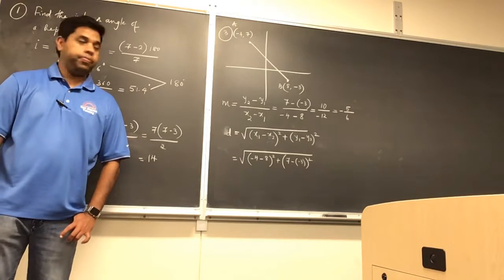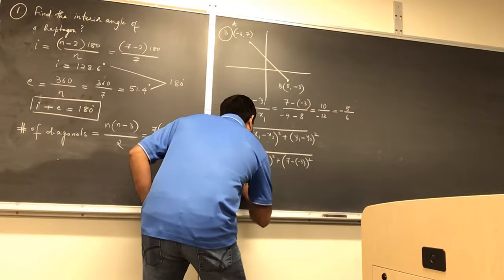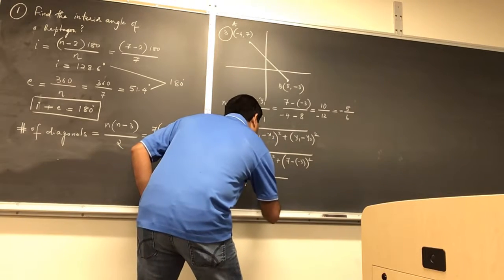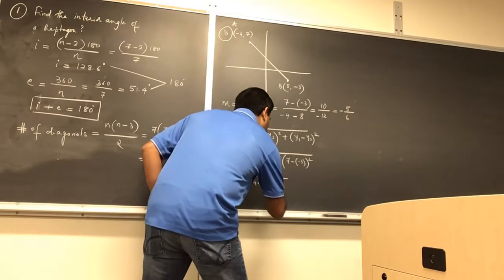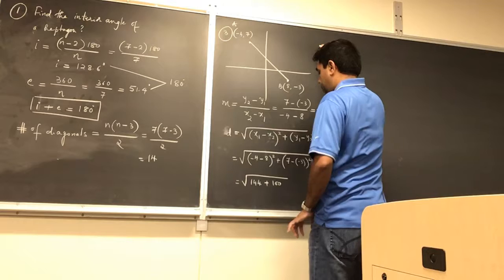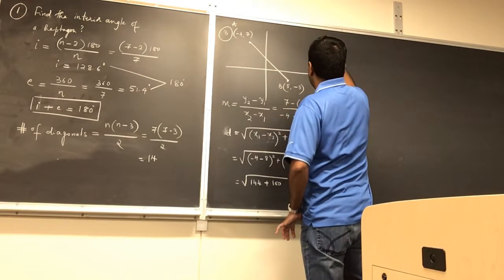So this will be the square root of negative 12 squared, which is 144, plus 10 squared, which is 100. So the distance is the square root of 244.